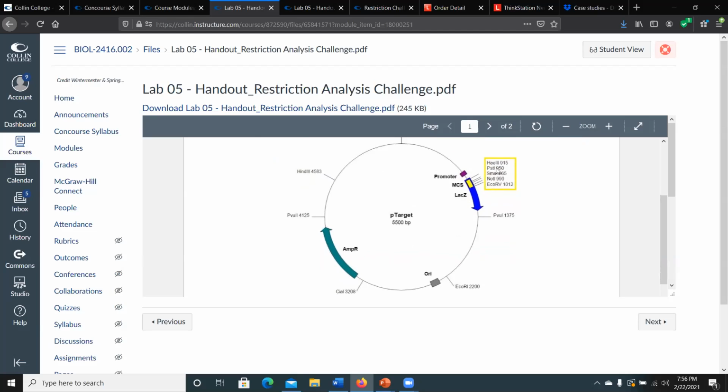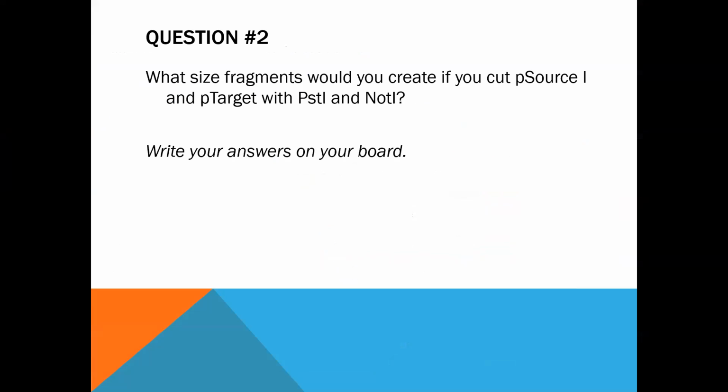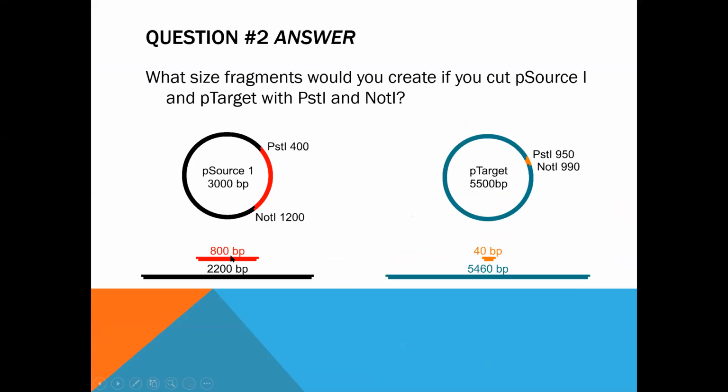But if we're doing PstI and NotI, 950 and 990 is going to give us a difference of 40, and then you do the whole big piece minus 40. So you should get a piece that was 800 and 2200 left over. And then on the target, you would have a 40 base pair piece and a 5460 base pair piece.